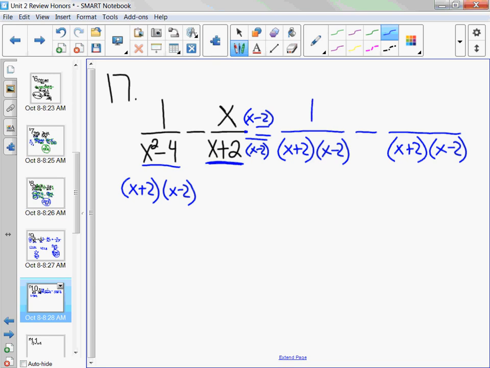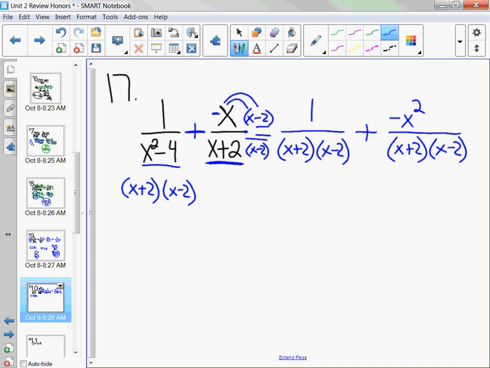My second fraction, I'm going to multiply, and really this is a minus problem, so I'm going to change this minus to a plus and make that negative. Remember, it's the same thing as when we subtract and change a minus sign to a plus and change the signs. So I've got to distribute this negative x through. Negative x times x is negative x squared.